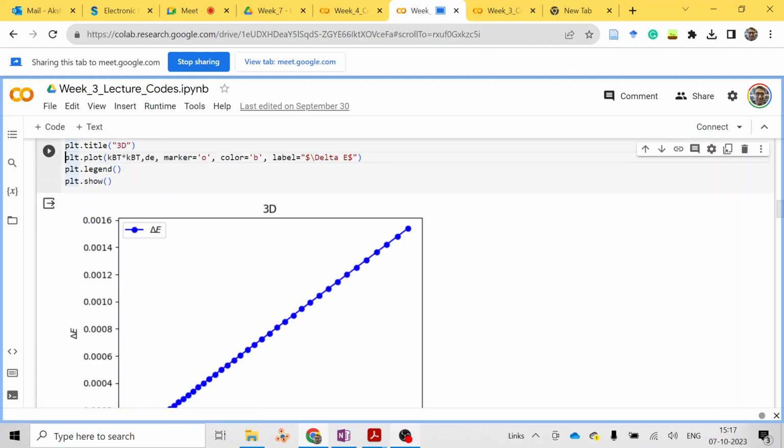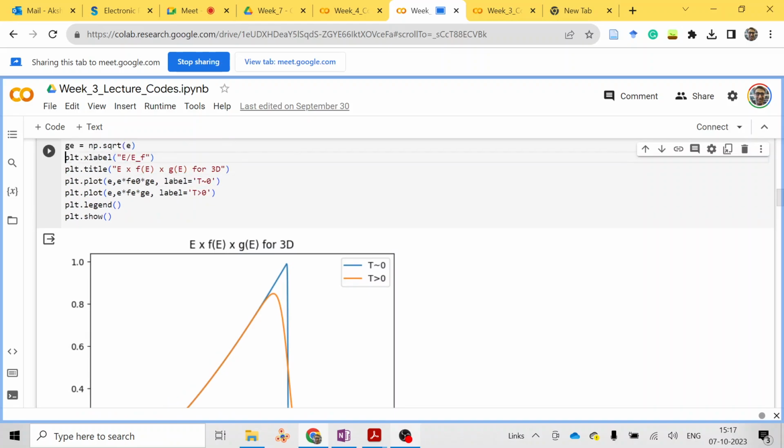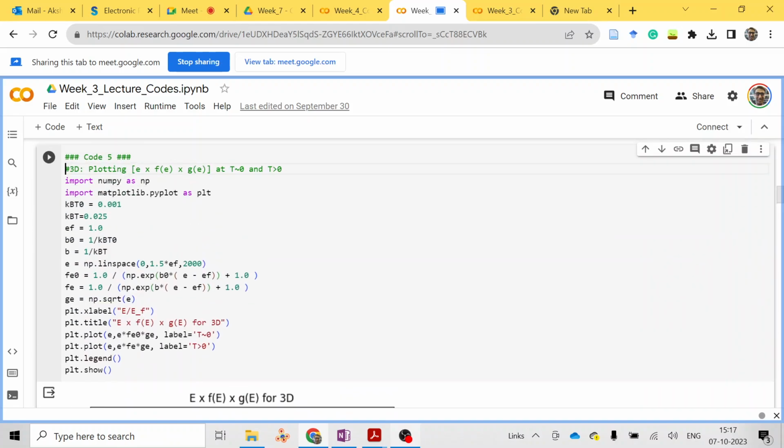In code number 5 we are plotting the 3D plot for the energy times the Fermi function times the density of states at T approximately 0 and T greater than 0 Kelvin, right?